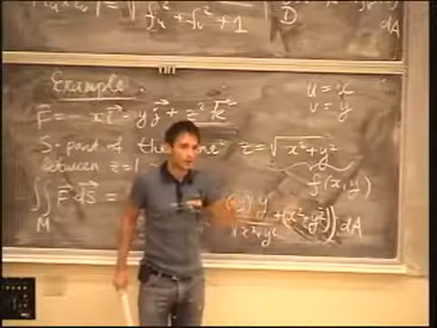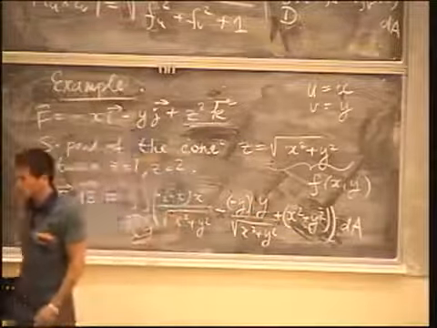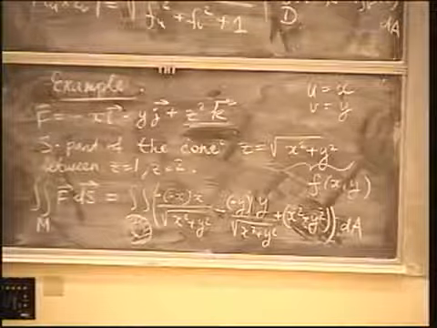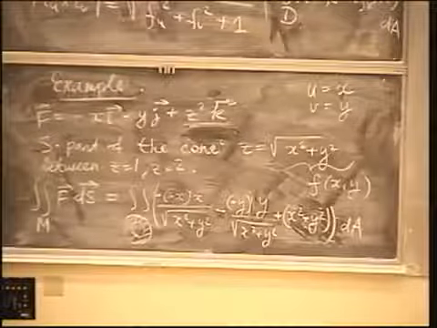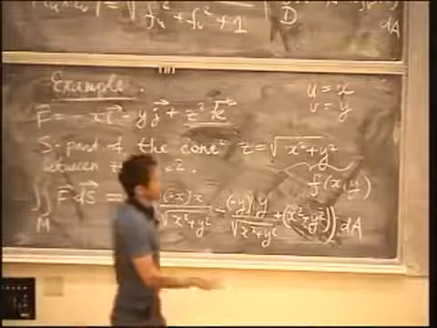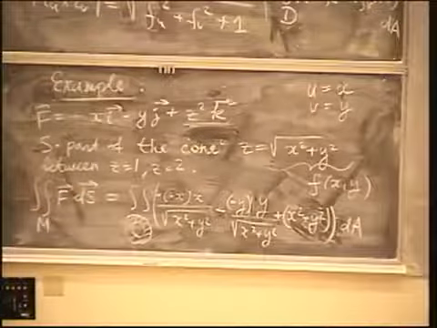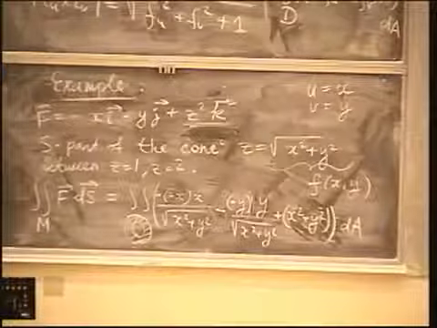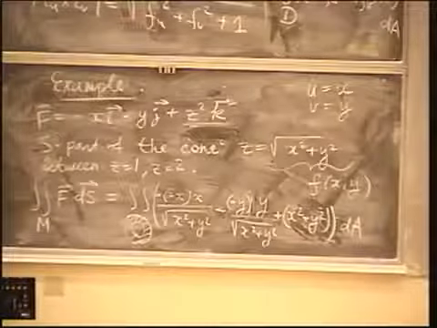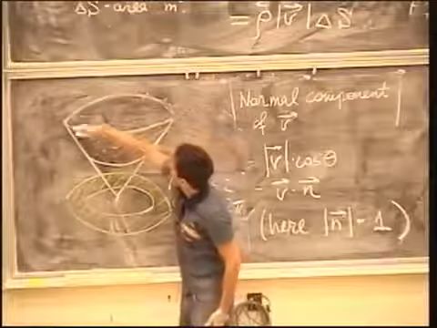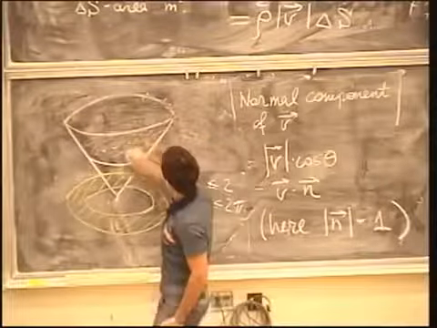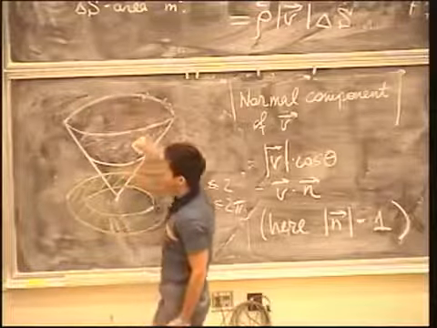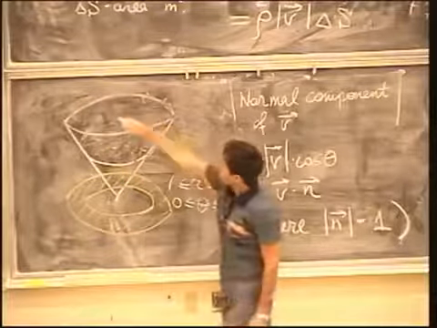Okay? Now, there is one issue which is left unanswered here, and that is the issue of the choice of this vector n. Let me illustrate it in this example. In this example, we are talking about this surface, this part.